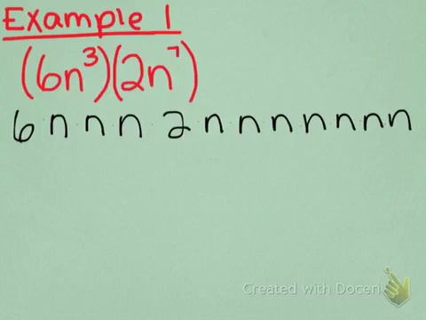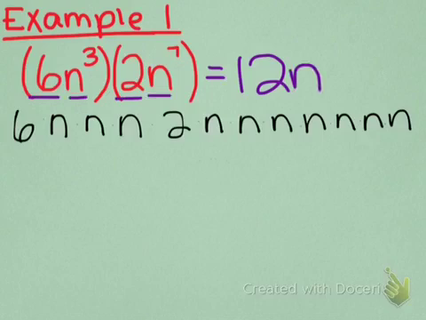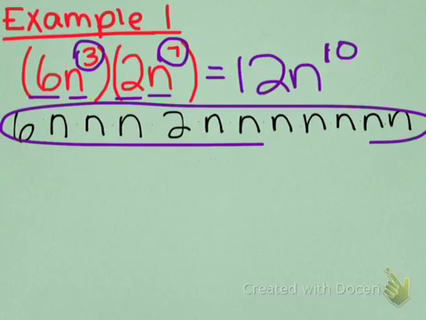The rule says that you multiply the coefficients, so 6 times 2 is 12. Keep the same base and add the exponents. So our answer here is 12 n to the 10th power. You do not have to write out all of this. But if you get confused and you can't remember the rule, you can always revert back to writing it out.